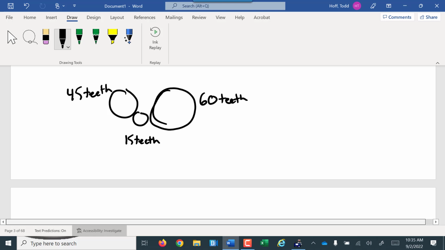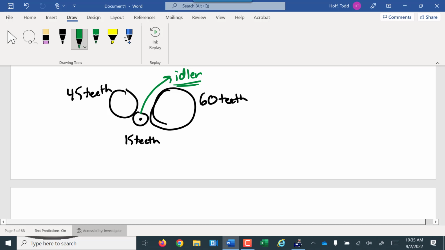So let's say we have 3 gears here. Typically this intermediate gear is called an idler gear. All it is doing is filling space and making the transfer between the powered gear and the loaded gear.